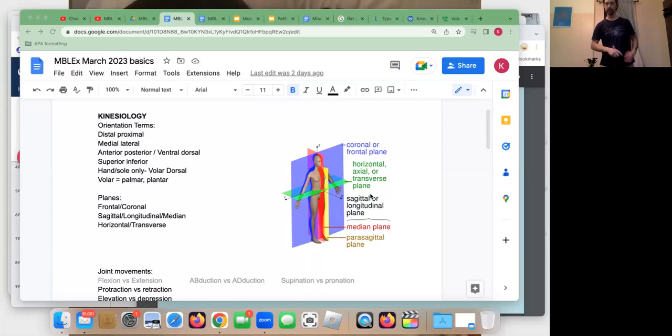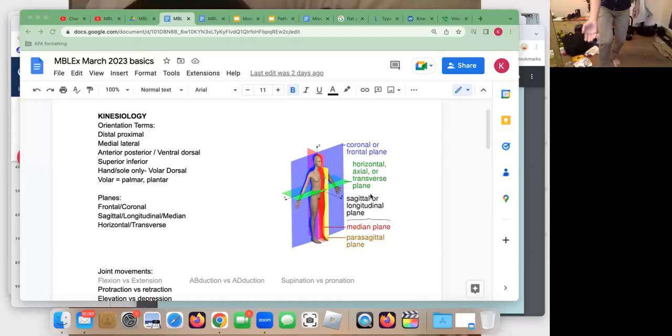No, I don't think so. Transverse or horizontal includes external rotation of the humerus, as well as internal rotation of the humerus. And for the leg, it would include external rotation and internal rotation of the femur at the hip.